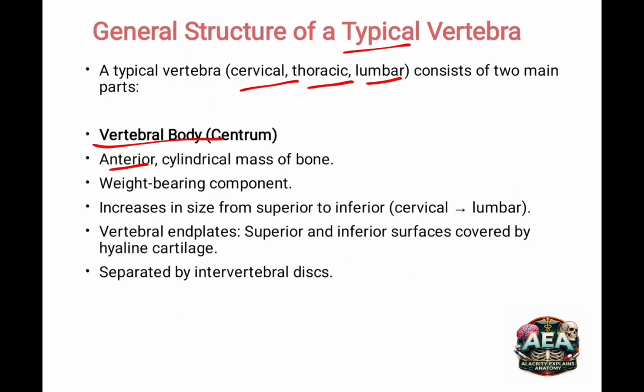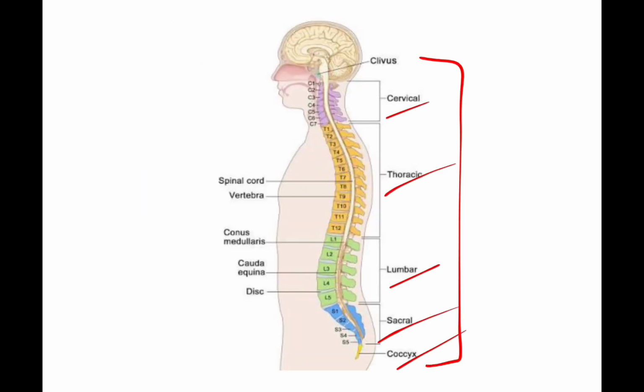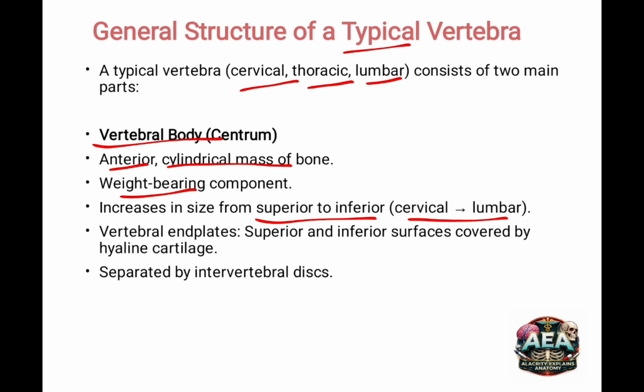So now let's do this. It's the anterior cylindrical mass of bone. It serves a weight-bearing function. It's the weight-bearing compartment of the vertebrae. It increases in size from superior to inferior, from cervical to lumbar. We have the vertebral end plate, the superior and inferior surfaces that are covered by hyaline cartilage.